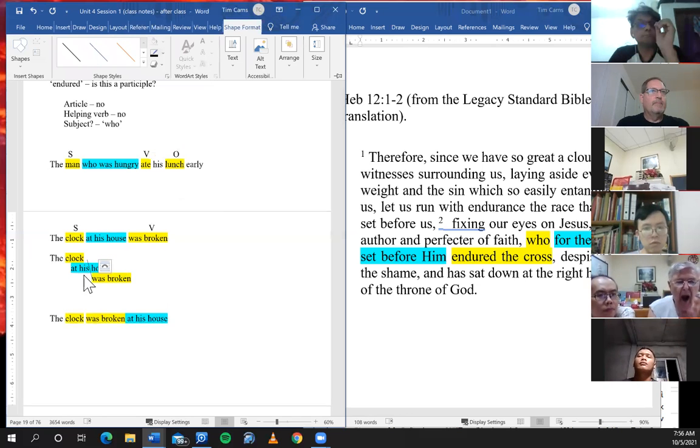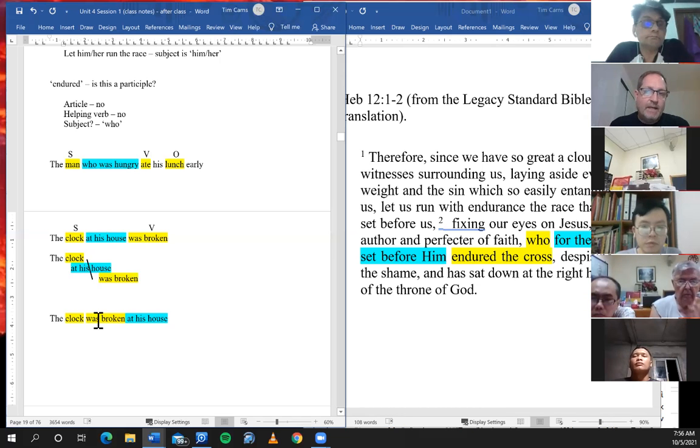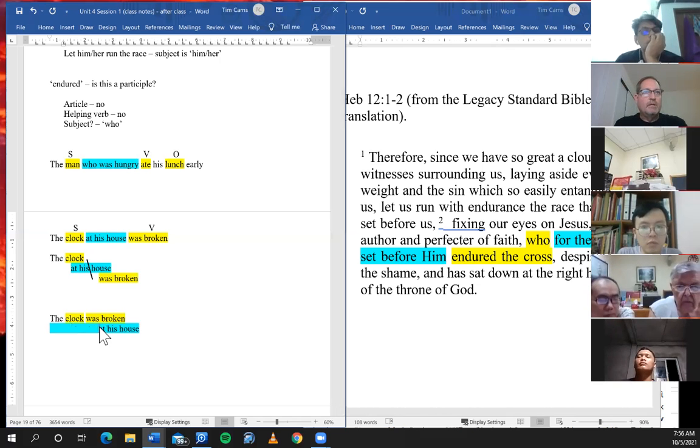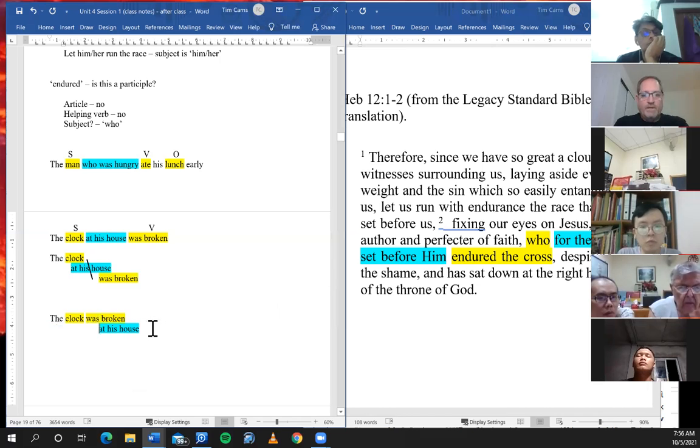Now the second sentence is saying something different. The second sentence is saying where the clock was broken. It's describing the action. By putting it at the end of the sentence, I'm now saying the clock was broken at his house. So this would be where it was broken, whereas in this sentence, the phrase at his house was describing which clock.